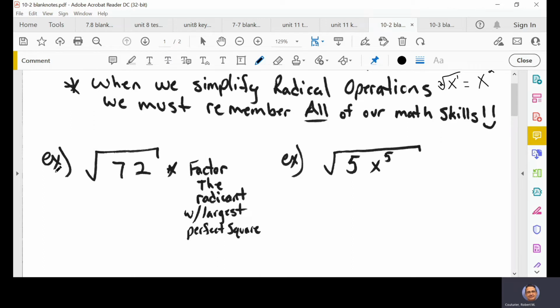So our first example, example 1. We're given a hint here: we need to factor the radicand with the largest possible square we can find. We have 72 here.